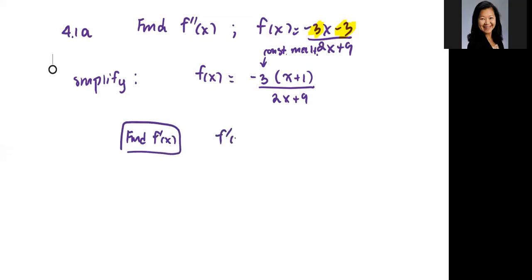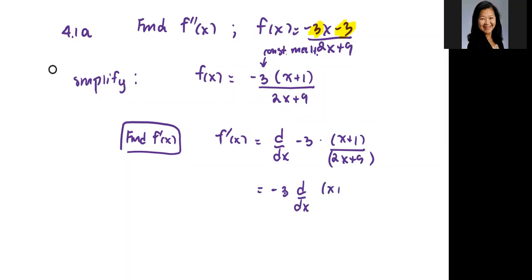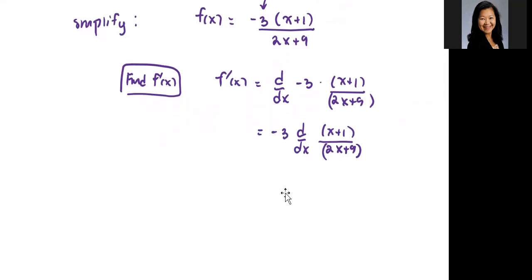So f prime is gonna be the derivative of negative 3 times x plus 1 divided by 2x plus 9. Since I said we're gonna treat this as a constant multiple, I take negative 3 out of the way. So at least I don't have to deal with the coefficient 3, all right?